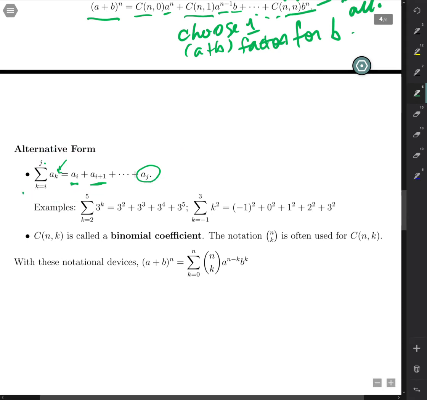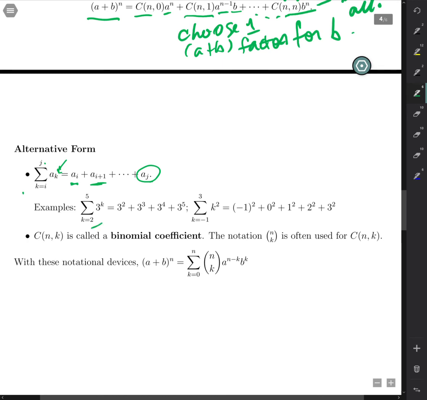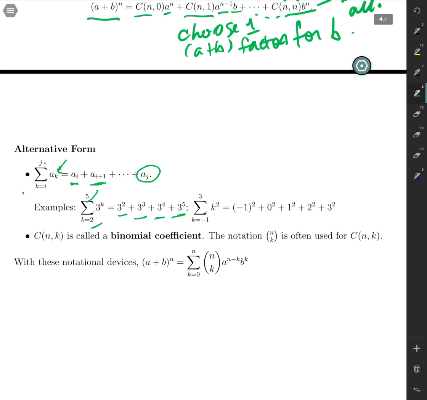I'm going to do a couple of examples real quick just to show you. The sum, k goes from 2 up to 5, of 3 to the k would start with 3 squared, since k is 2. 3 cubed would be next, then 3 to the 4th, and we go all the way up to where k is 5, 3 to the 5th. We'll call k the running index, or the index.